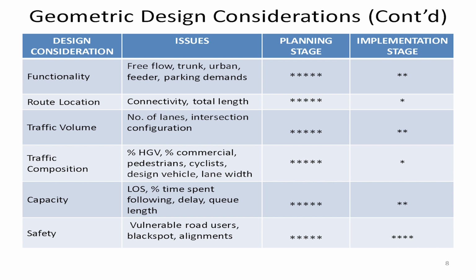Capacity is the next consideration, where we look at the level of service, percentage time following, delay, and queue length. At the design or planning stage, we give it maximum consideration, but at the implementation stage, we are still looking at whether we are achieving our objectives.